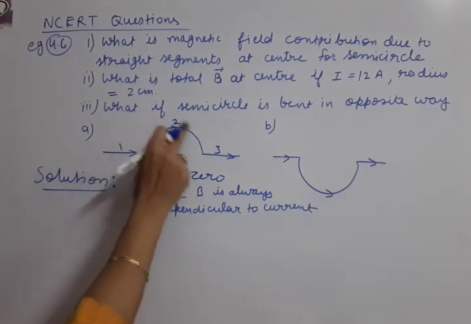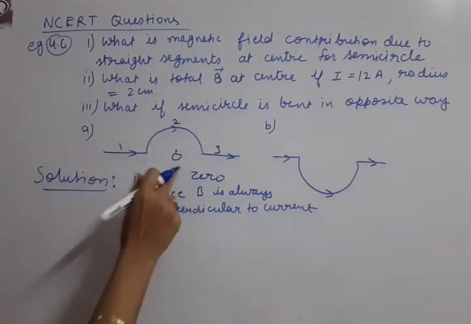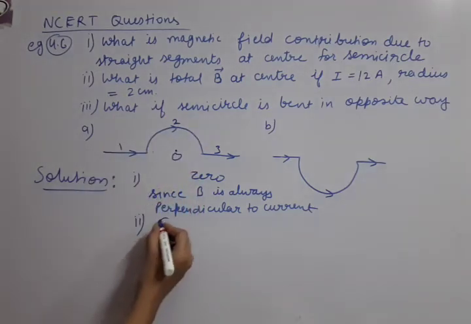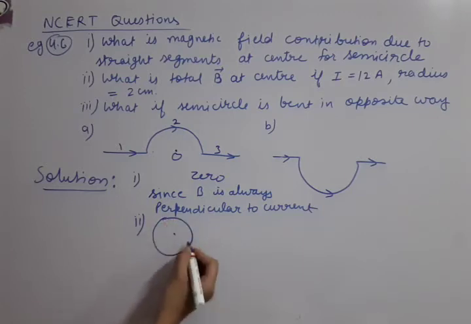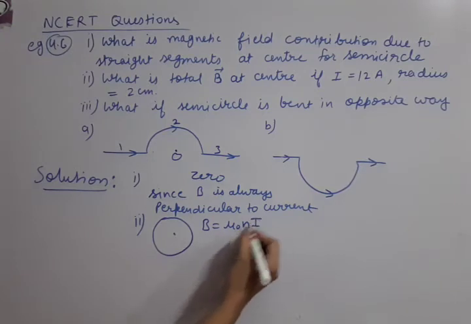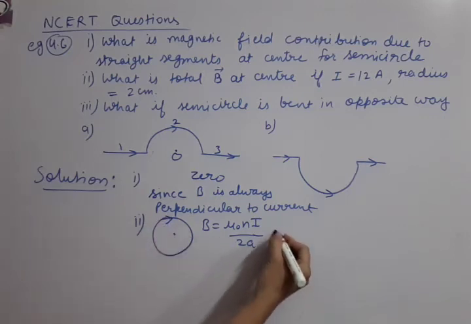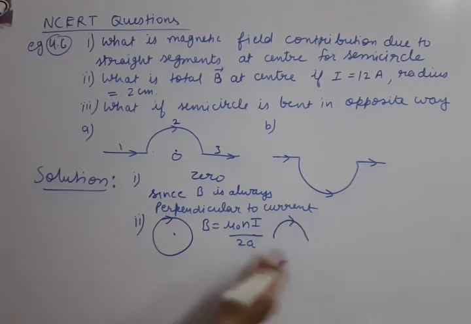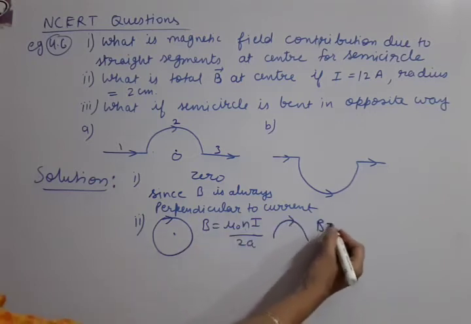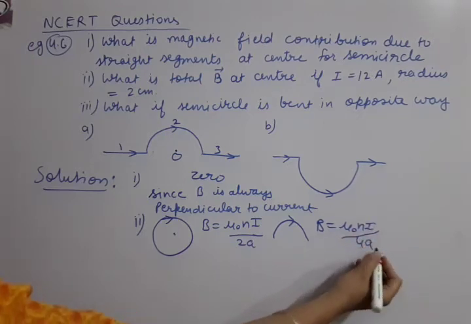Now this is which type of wire? This is semicircular wire. For the full circle wire, magnetic field formula is mu0 Ni upon 2a. That's why for the half circle wire, magnetic field formula will be half of it, so mu0 Ni upon 4a.